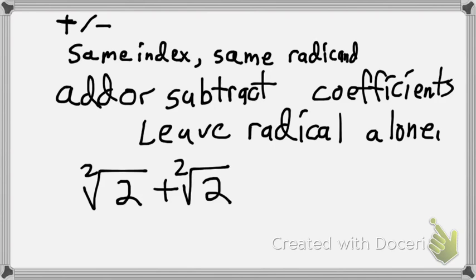So we have the same radicand, and we have the same index. So we can add them up together, and we get 2 radical 2.